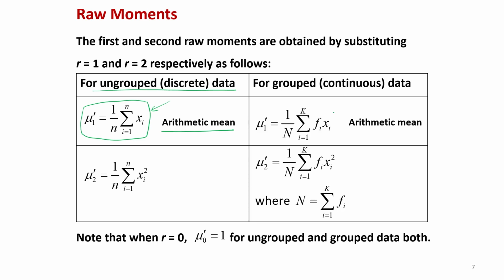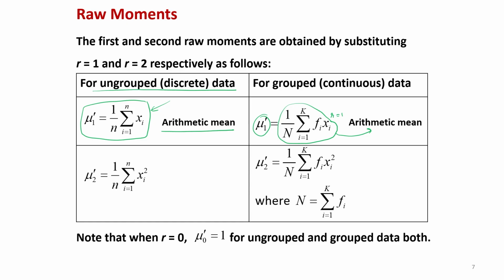If you substitute r equal to 1, then you get 1 upon capital N, summation i goes from 1 to k, fi xi, which is your mu 1 prime. So this is also the definition of the arithmetic mean when you are considering the grouped data.